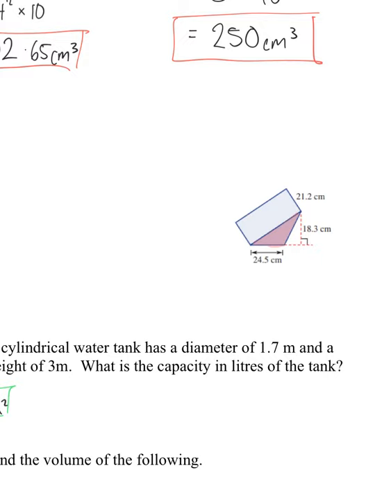Even if it's on a slant, the area is still applying the same rule: area equaling half times the base times the height. Which is 1/2 times our base of 24.5 times our height, 18.3. That'll get you the area of the triangle, which I'll quickly do.